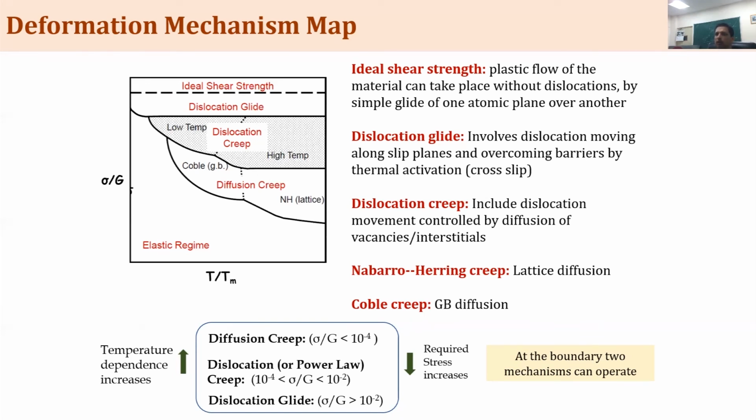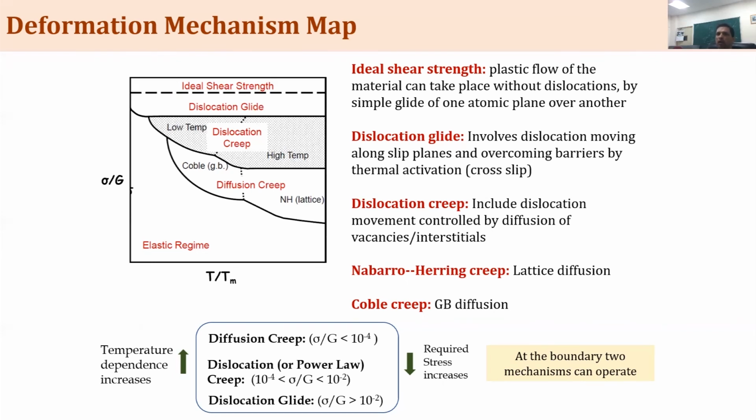So Nabarro-Herring where the lattice diffusion is dominating, and Coble creep where grain boundary diffusion is dominating. So you can see this is the rough estimate that we gave, and everything falls according to this.